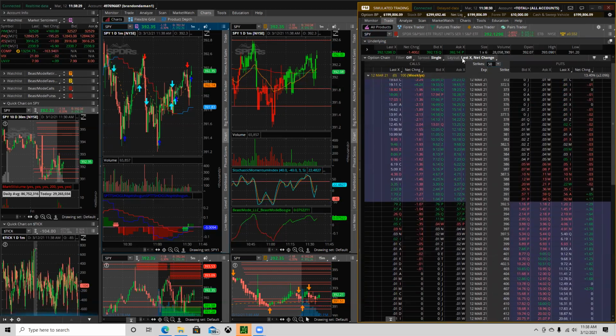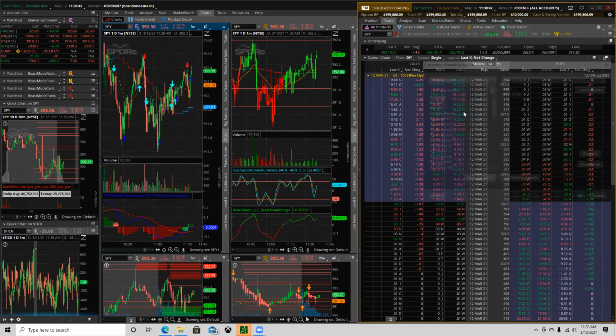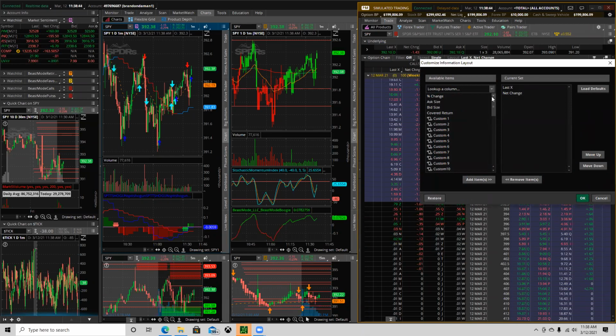I also come up here to the layouts right here, and you click this little down tab right here, and you click this right here, and we're going to change a couple things. You come down here to customize, and once again, you can do whatever you want. This is just what I like on my end. So I come down here. I like to have the bid. We're going to clear all these. Remove.